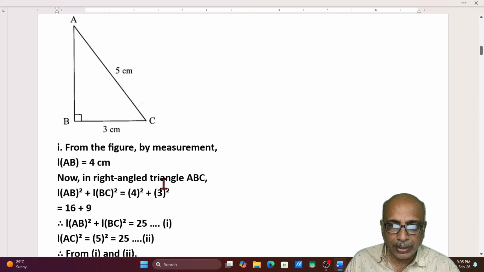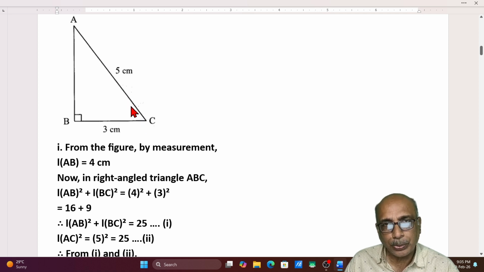Now in right angle triangle, AB square plus BC square equals AC square. As I told you in the beginning, in a right angle triangle, hypotenuse side square equals the sum of squares of other two sides, that is AB square plus BC square equals AC square.